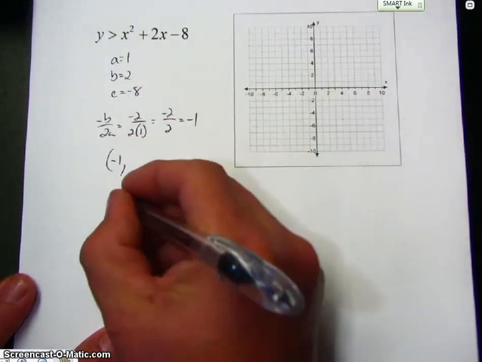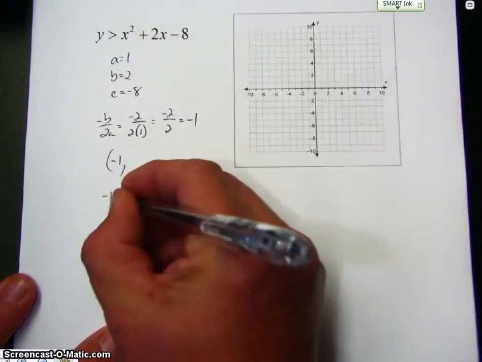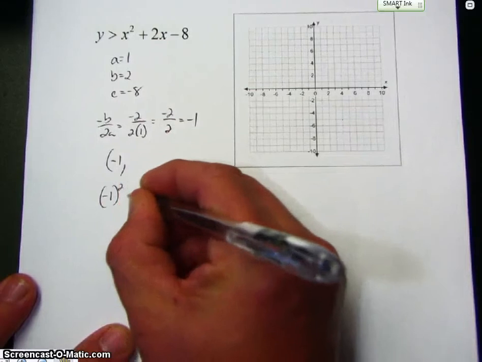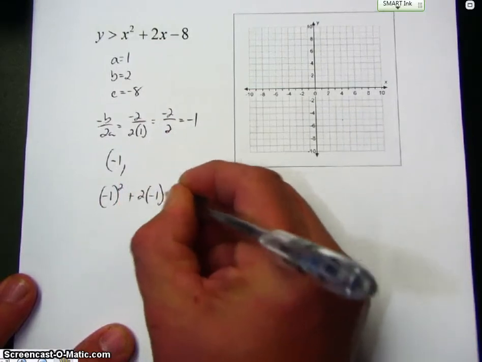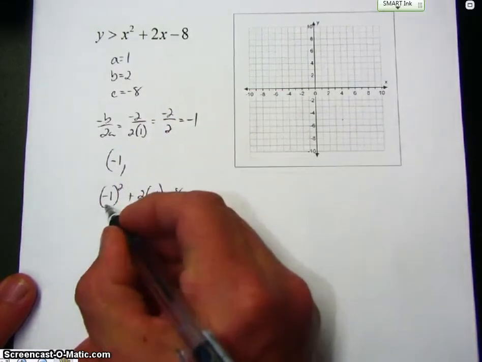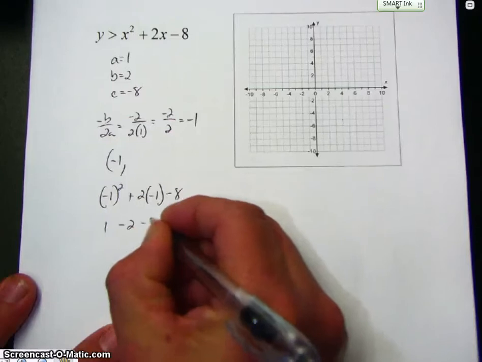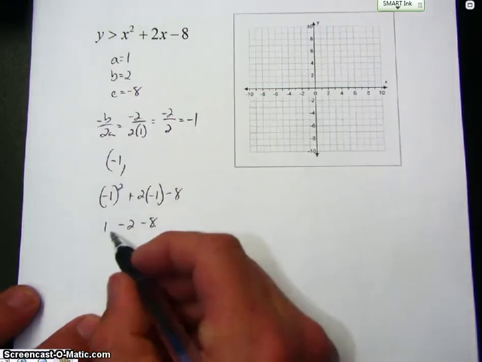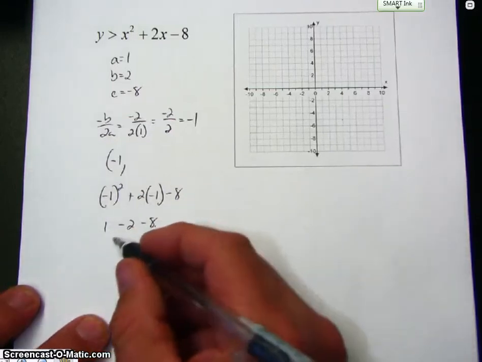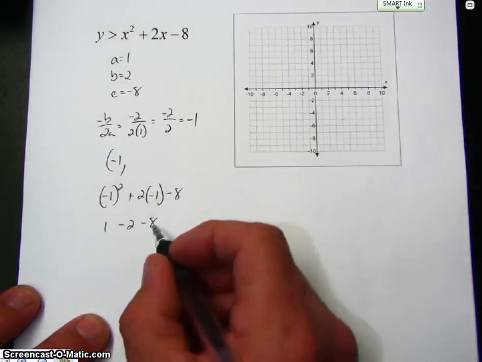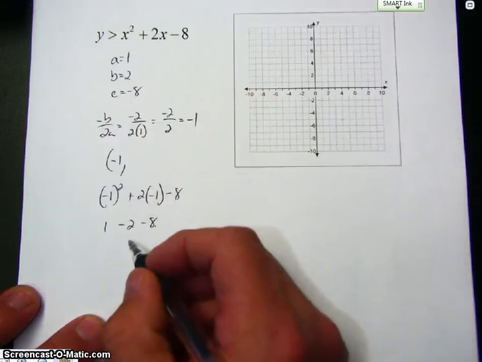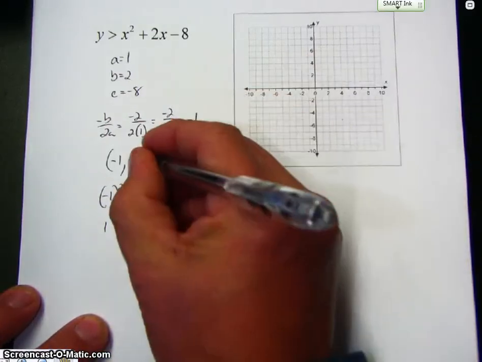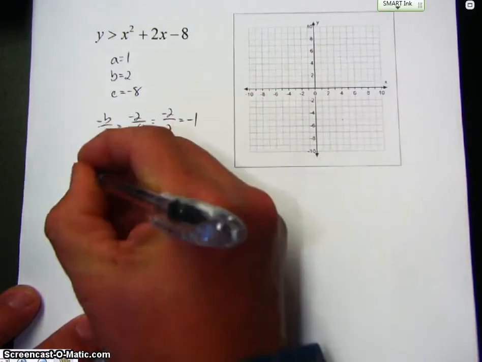Plug negative 1 in, so we got negative 1 squared plus 2 times negative 1 minus 8. That becomes positive 1 minus 2 minus 8. So that is, what, 10 minus 1 is 9. So it would be negative 9. Right, so this is my vertex.